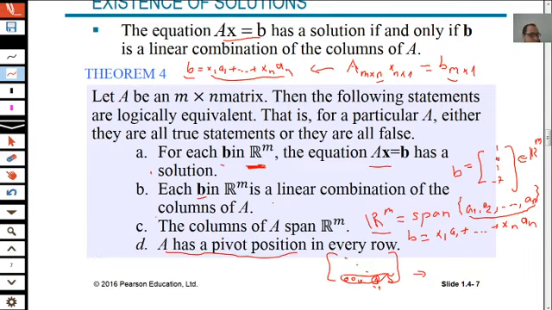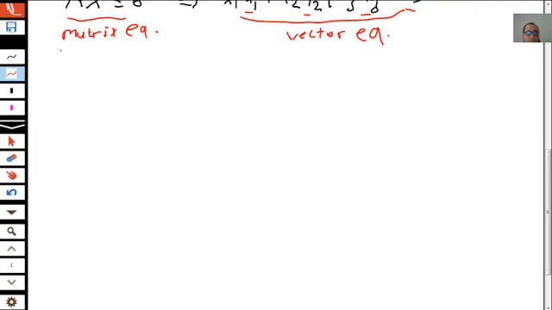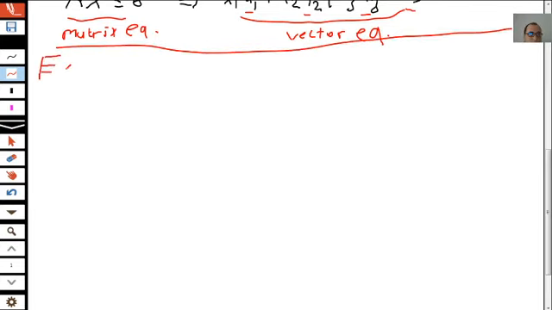So after stating this theorem, let's see an example, another example.